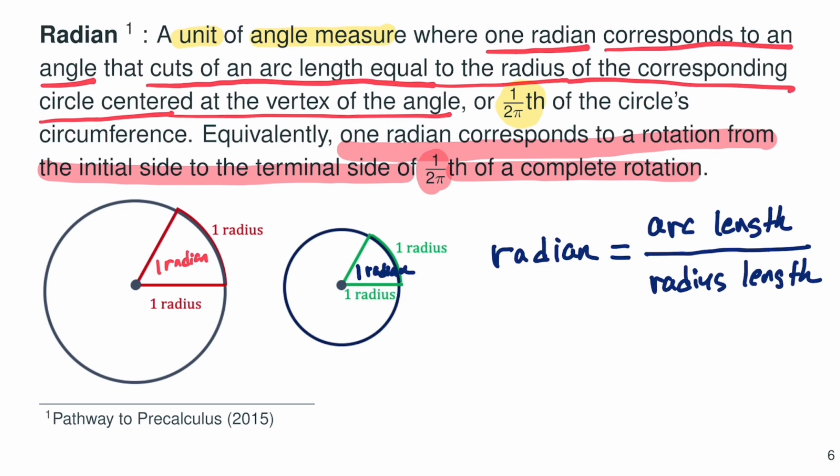Let's say I have 8 divided by 2. One way we can think about this is we're seeing how many times 2 can go into 8. It can go in 4 times. That's what we're doing here. We're seeing how many radius lengths can go into the arc length.